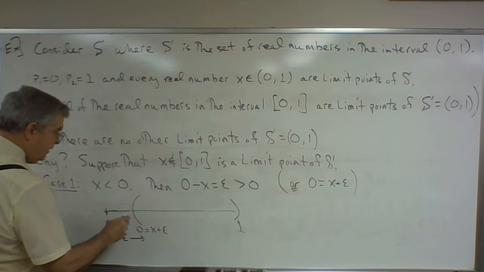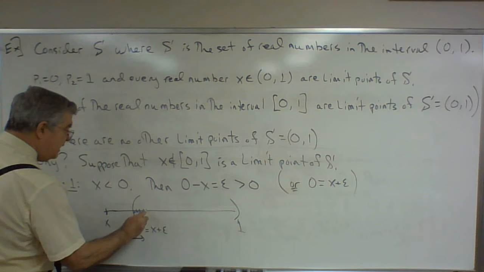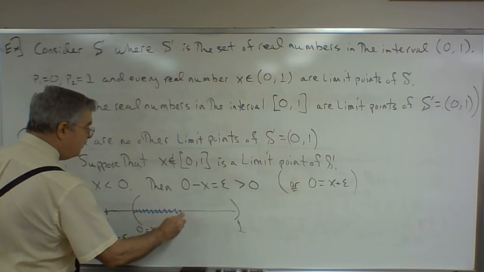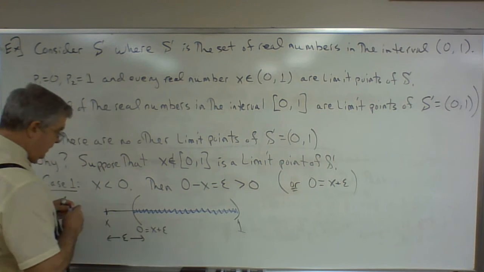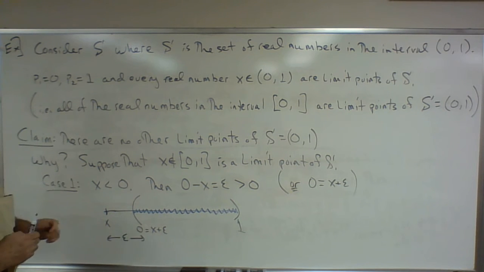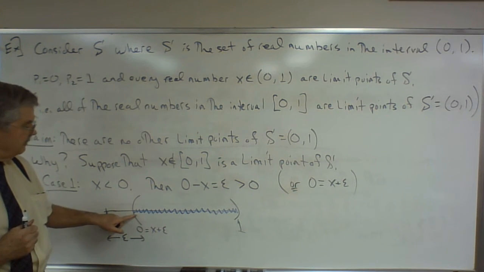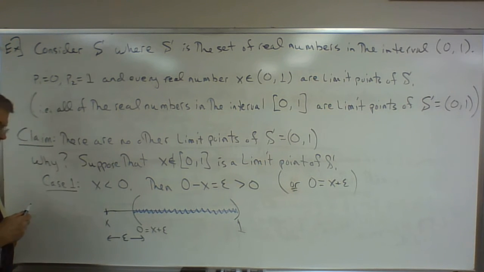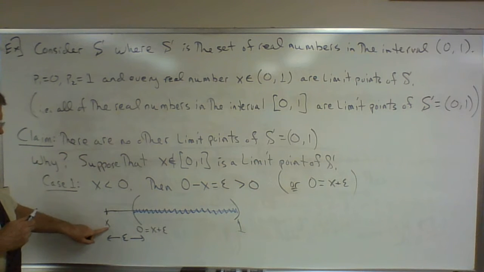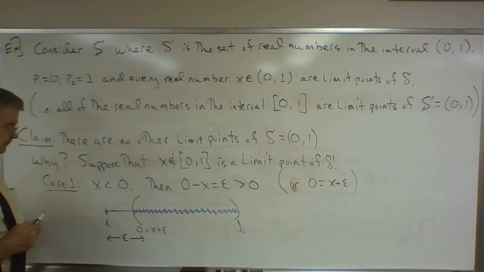Now I'll shade in all of the real numbers that are part of S. The real numbers in the set S go from 0 to 1, not including the endpoints 0 and 1. And I have a real number x which is outside of this interval.